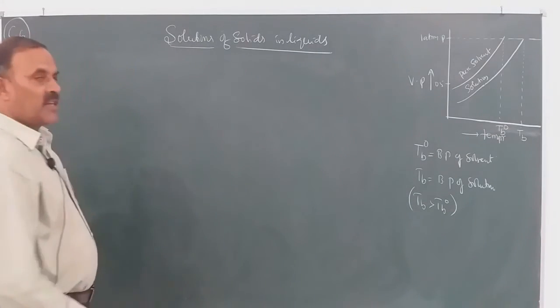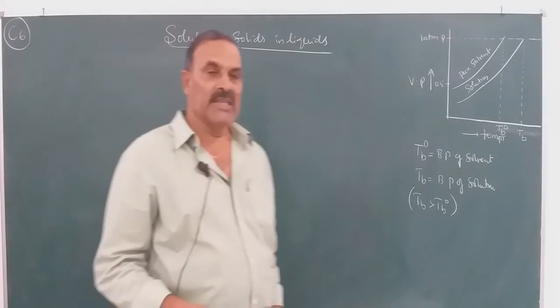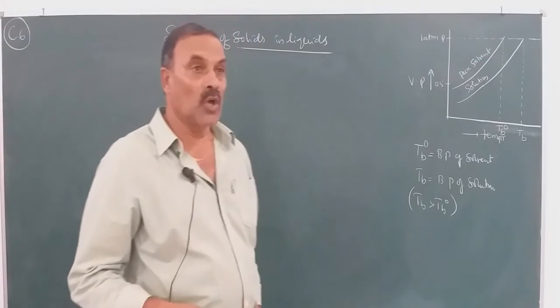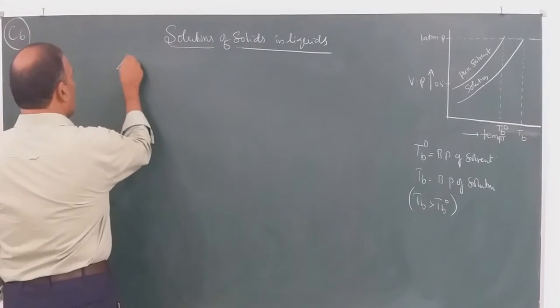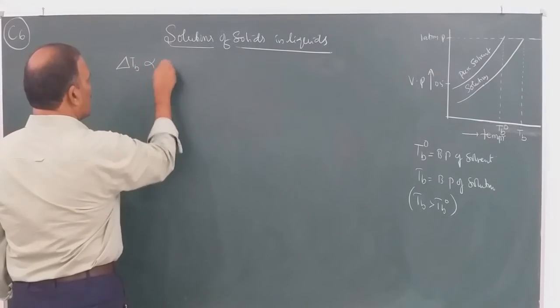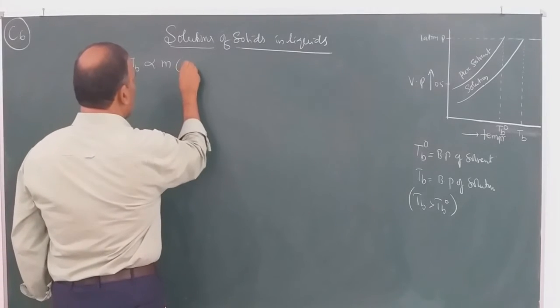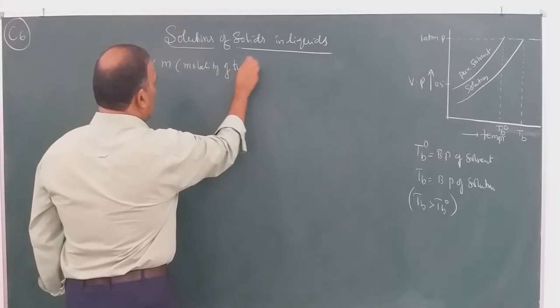By experiment, it is found that elevation in boiling point is directly proportional to the molality of the solution. That is, delta TB is directly proportional to m, where m is the molality of the solution.